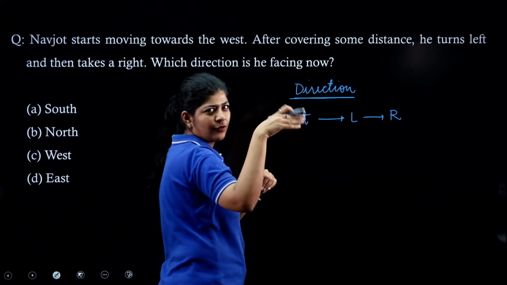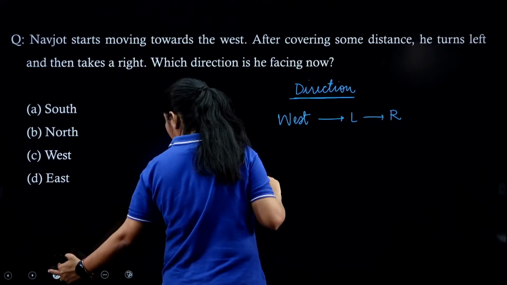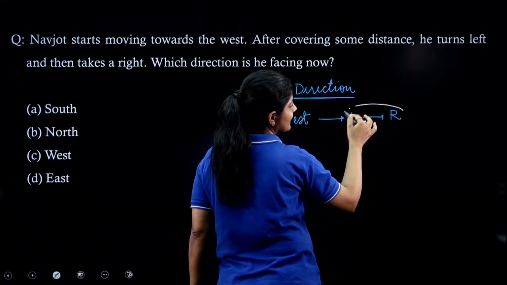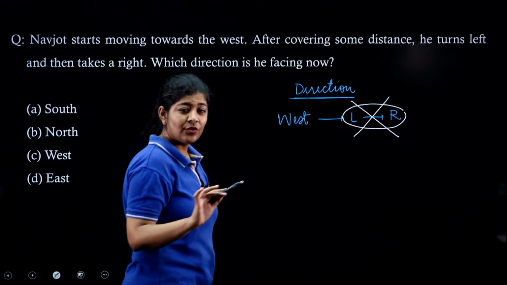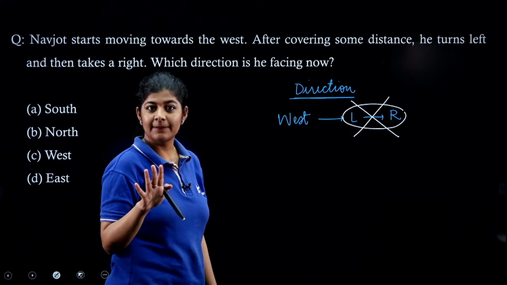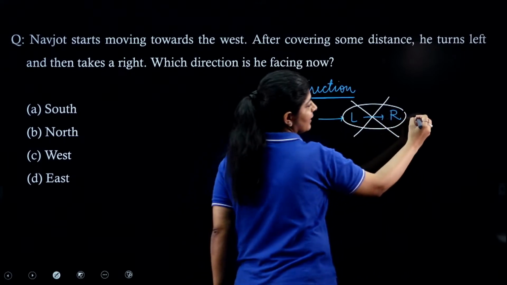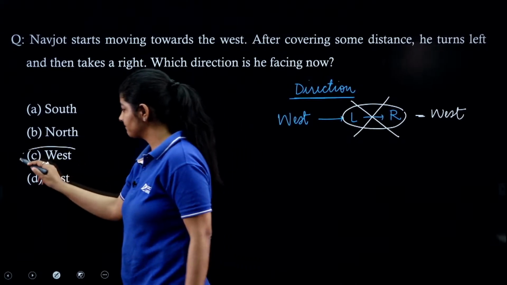There is no requirement of drawing the direction plane or the diagram, right? If you are having a left-right pair like this, then just simply eliminate it. Whatever direction you are having, that's your answer. And here in this one we are having west, and west is my correct answer.